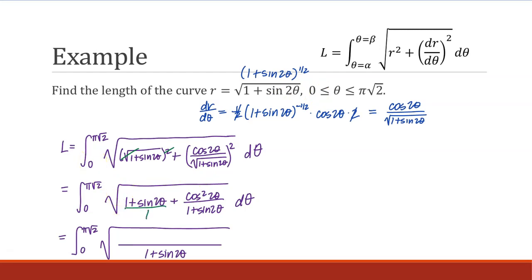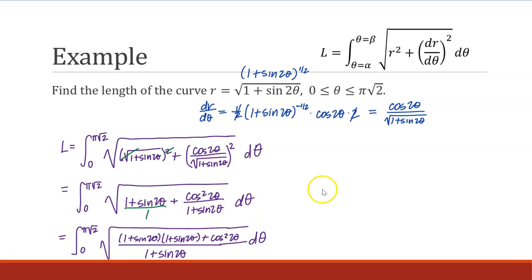Like this is over 1. So we'll multiply the top and bottom by a 1 plus sine of 2 theta. So that's going to be 1 plus sine of 2 theta times 1 plus sine of 2 theta plus that cosine squared 2 theta on the top.